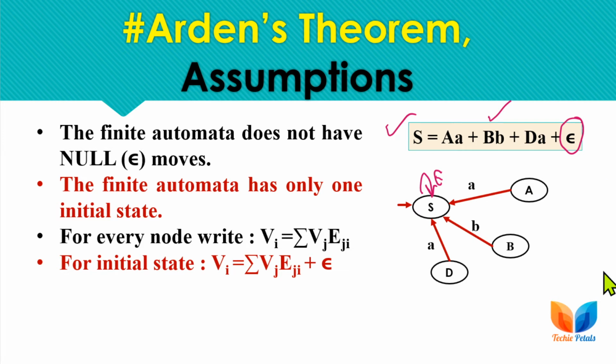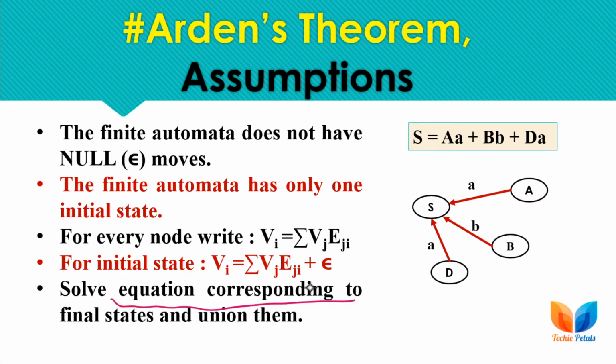And the third important point is this: solve the equation corresponding to the final states. If you have one final state in the given DFA or NFA, then you have to solve this type of expression like we solve in mathematics questions, and that result will be the expression of the complete DFA.